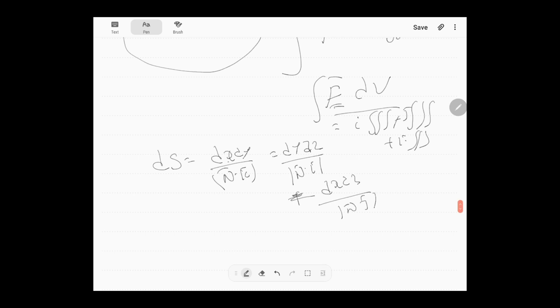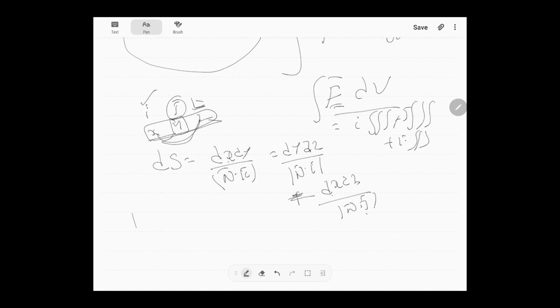It is easy to remember with the set i, j, k and x, y, z. When dx dy is there, k comes. When dy dz is there, i comes. When dz dx is there, j comes: dz dx by n bar dot j bar.